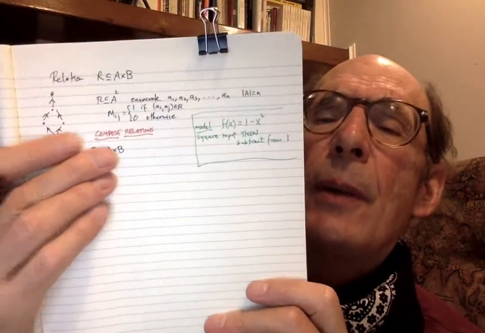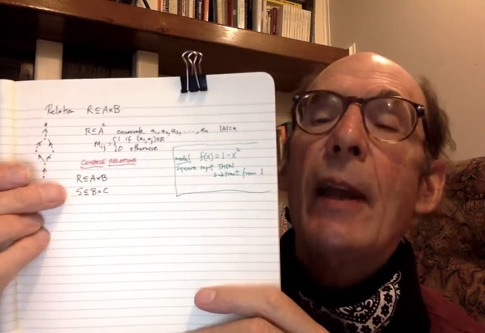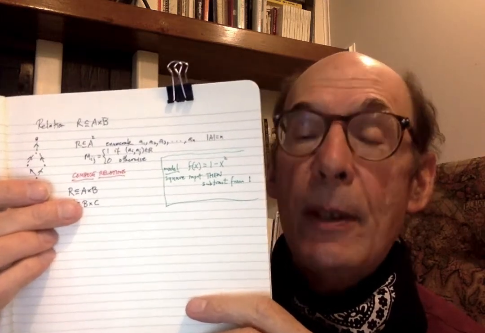So here's what happens. If we have a relation R in the product A cross B, so we have some subset of A cross B, and we have a relation S, which is in B cross C. So the things in R are ordered pairs, something from A, something in B. And the things from S are ordered pairs, something in B, something from C. And when we compose them, that is going to give us a subset of A cross B. I'm sorry, I said the wrong thing.